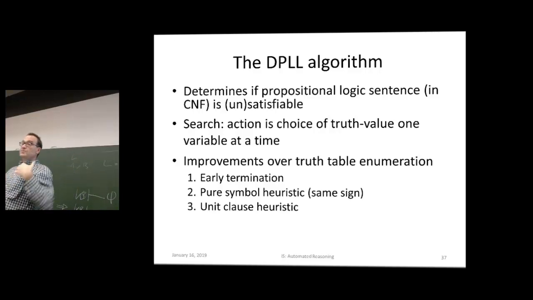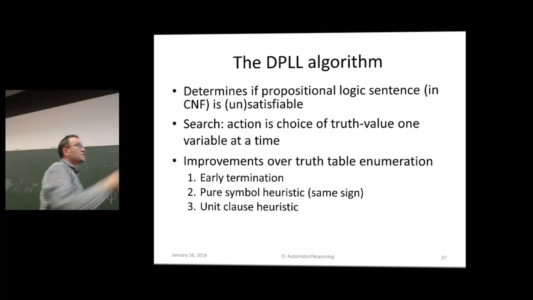You have the pure symbol heuristic, with the literals that occur with the same sign throughout. And the most important one is the unit clause heuristic, that if you have a unit clause, then you know what the value is, and you can propagate this value down to all your clauses.